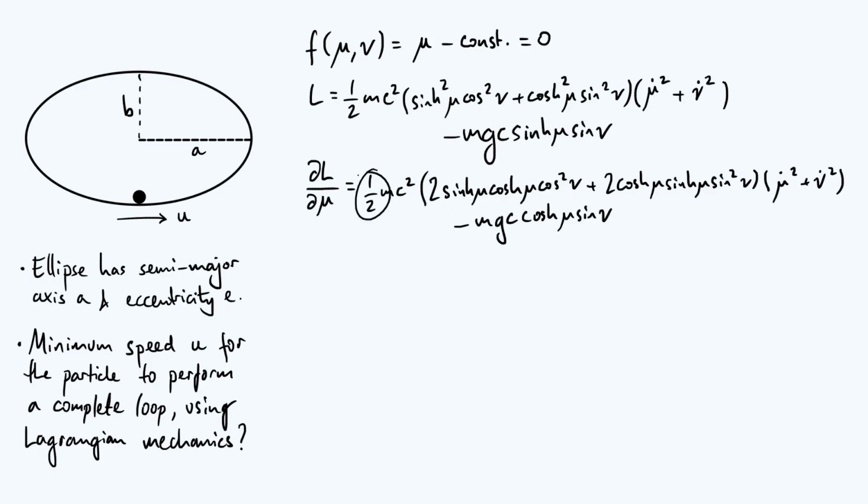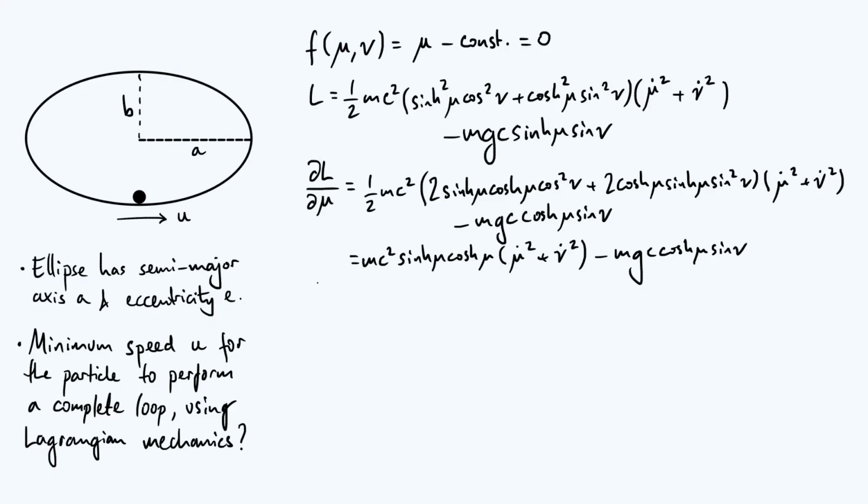The 2 then cancels with that prefactor of a half, and this whole thing simplifies quite nicely to mc squared sine mu cos mu times your squared derivative bit mu dot squared plus nu dot squared, and then minus the mgc cos mu sine nu.